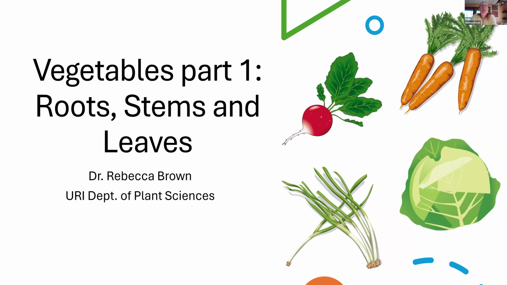So this is definitely a case where you're starting on or continuing on a continuing journey of learning. But we will start out today, and we're going to focus today on vegetables that we grow for their roots, stems, and leaves. We will talk about the crops that we grow for their fruit next week.